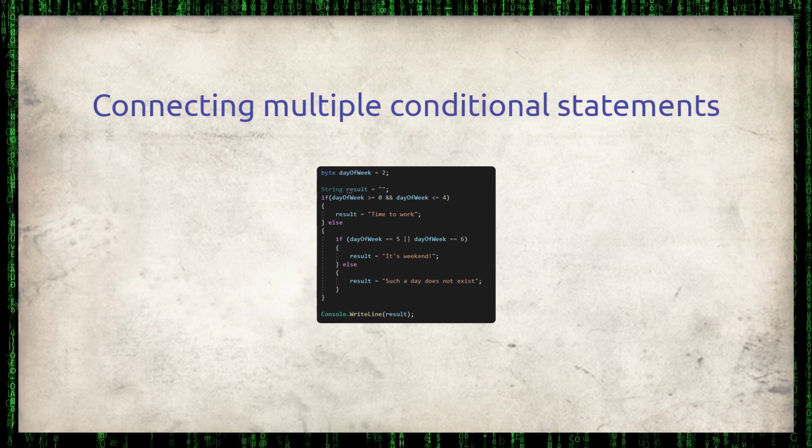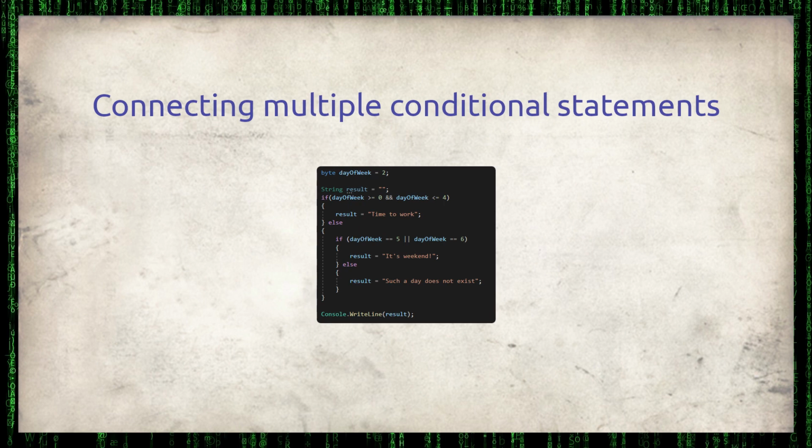The first statement inside the else is another if statement, and it says if day of week is equal to 5, which it is. I know it says 2 on the screen, but let's just stick it in our minds. We've changed it to 5. So the first conditional statement will work.